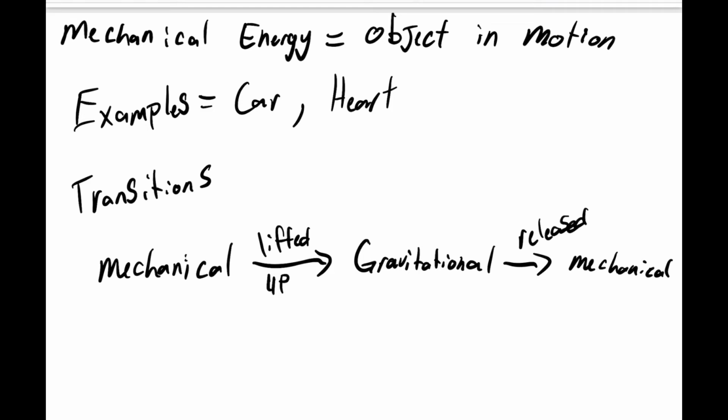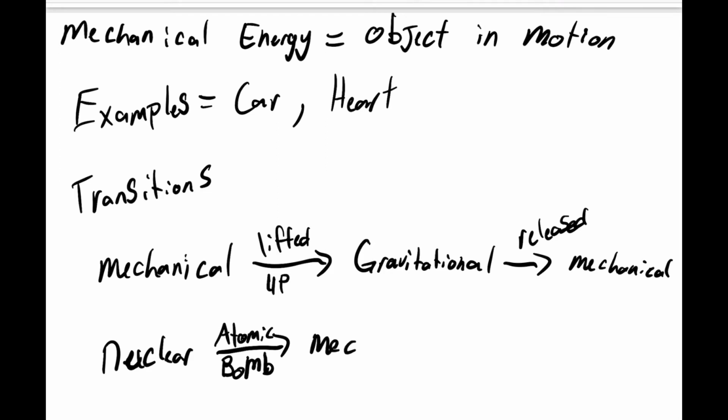Another example could be nuclear energy, which is the energy in, say, an atomic bomb. Atomic bomb would be our scenario here, and it could become mechanical energy in an explosion, right? An explosion occurs and energy moves around like crazy as a release from that explosion.